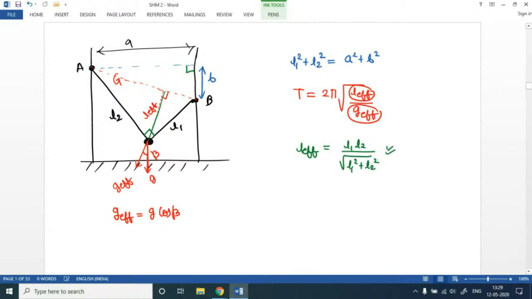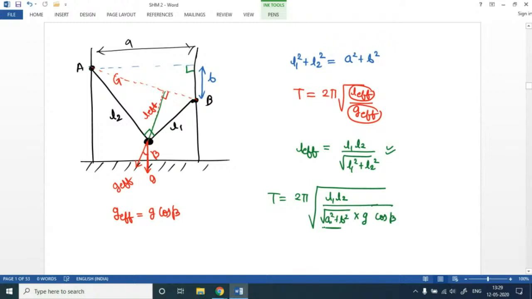And the other thing, if we substitute this in this equation, T is equal to 2 pi root of L effective, which is L1 L2 upon root under L1 square plus L2 square, which is also root under a square plus b square, and G effective we have learned is nothing but G cos beta.